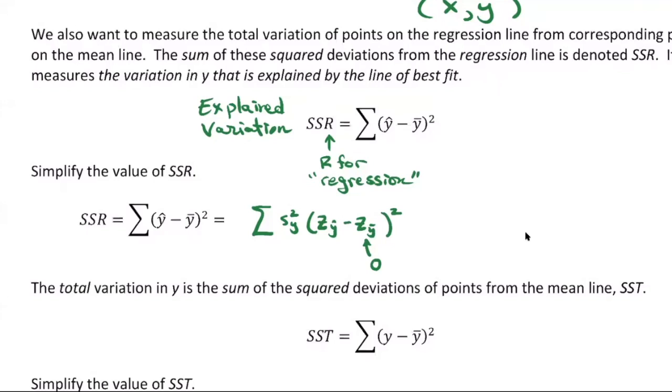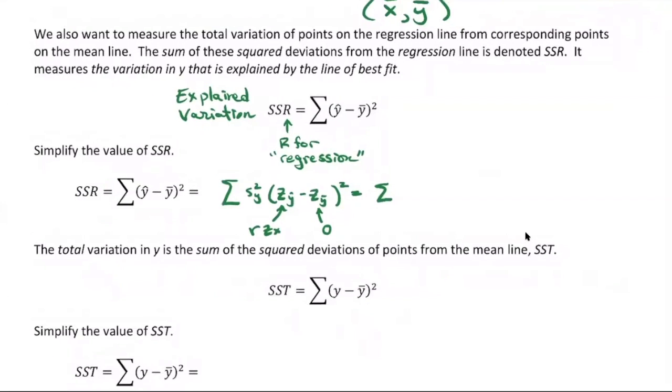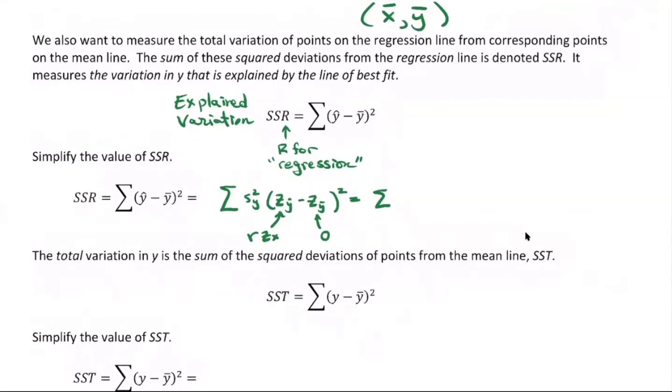So what you have here is the sum. Oh, and by the way, the z-score of y hat, that's just the equation of the regression line. That's r times the z-score of x. Remember, the equation of the regression line in the z plane was z y hat is r times z x. So that's what I'm using down here.